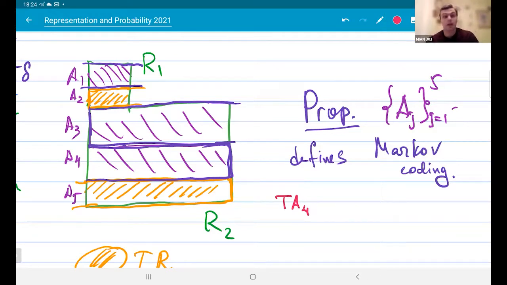Where does this TA4 lie? Well, we can see that this TA4 lies inside TR2. Well, so A4 lies inside R2. It looks like this.